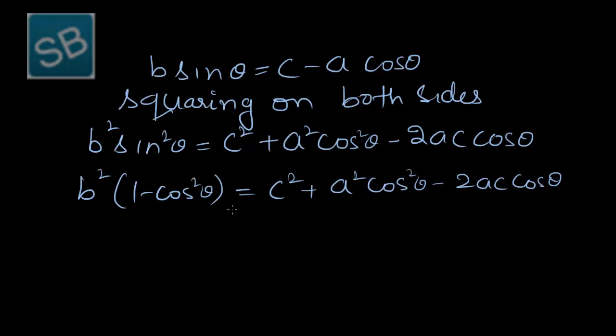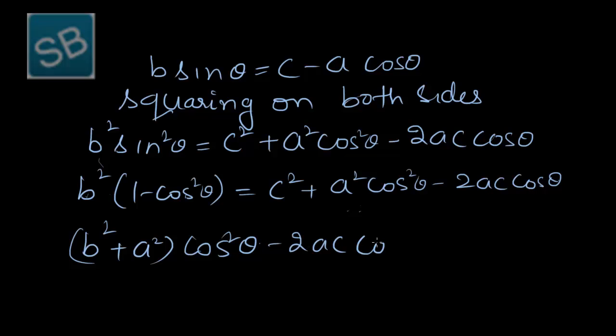From here, by collecting the cos square terms and the constant term on one side, we get b square cos square theta and a square cos square theta. So by taking this on this side, a square plus b square cos square theta minus 2ac cos theta, and b square taken to the right-hand side becomes c square minus b square, which is equal to 0.